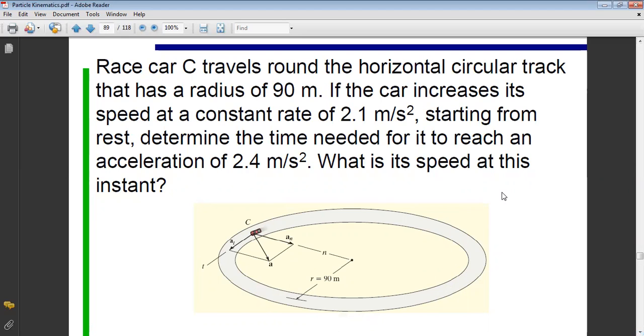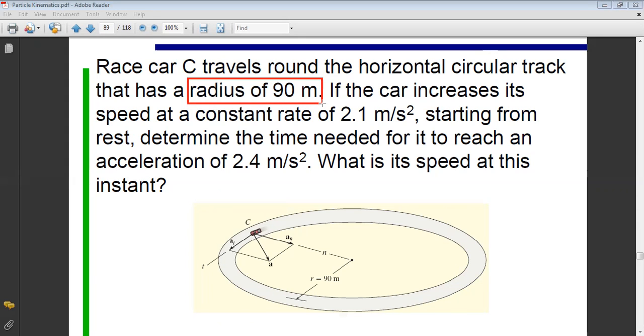Okay. So here we know the type of motion, it's a circle. When we have a circle, as we said, the radius of curvature will be constant, equal to the radius of the circle. So always for a circle, you can directly say that the radius of curvature is 90 at any location.